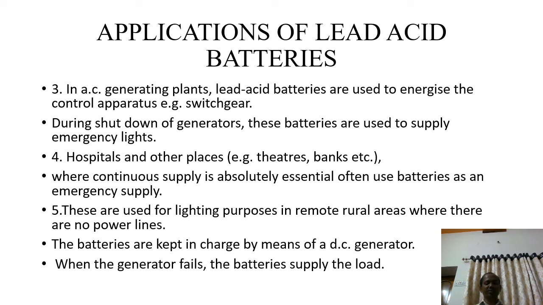The batteries are kept in charge by means of a DC generator. When the generator fails, the battery supplies the load. These are the applications of lead acid batteries.